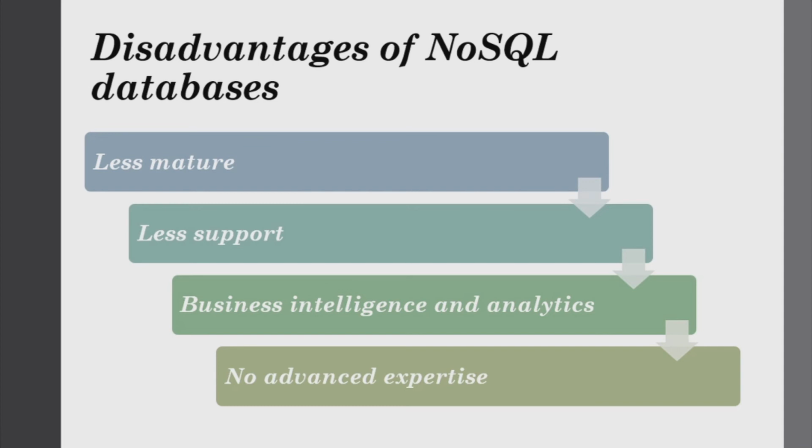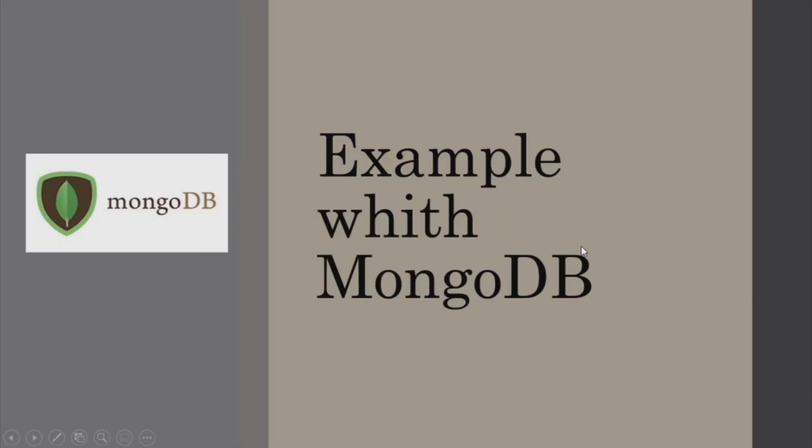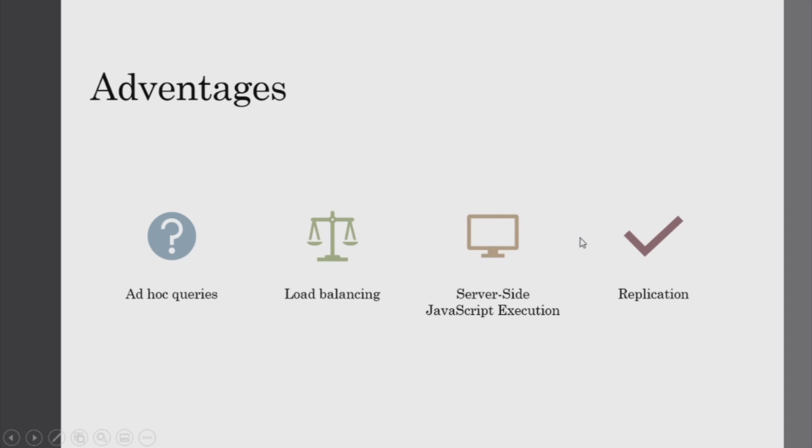Let's look at these points about the distribution of MongoDB. Main features. Ad-hoc queries. With MongoDB, we can make all kinds of queries. We can search by fields, range queries, and regular expressions.